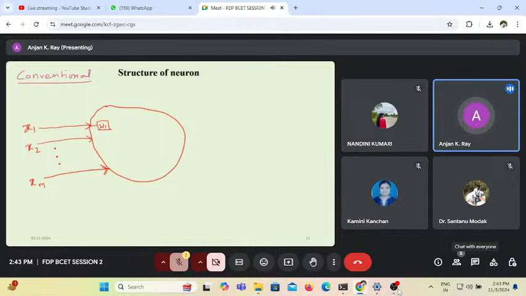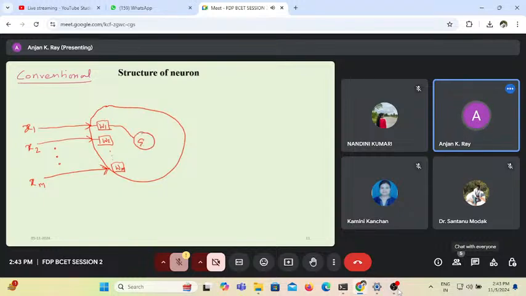Let's say this is W1, this is W2, and similarly for this we have Wm. So these are the weights associated with each input. It means that if the neuron has two inputs, we'll have weights associated with each input in the conventional McCulloch-Pitts model. These weighted inputs are now summed together.